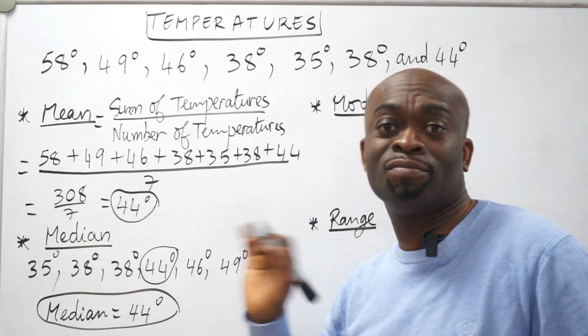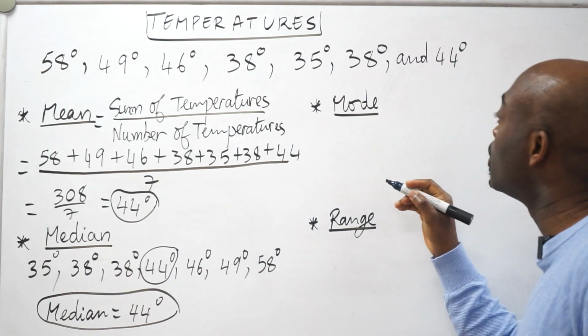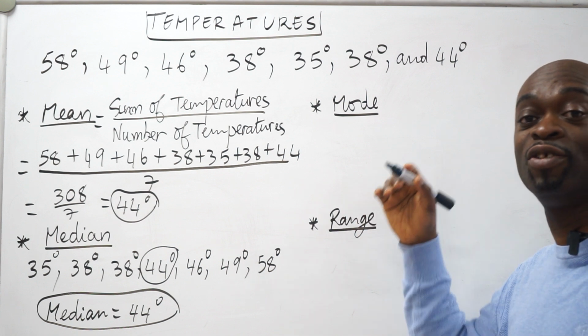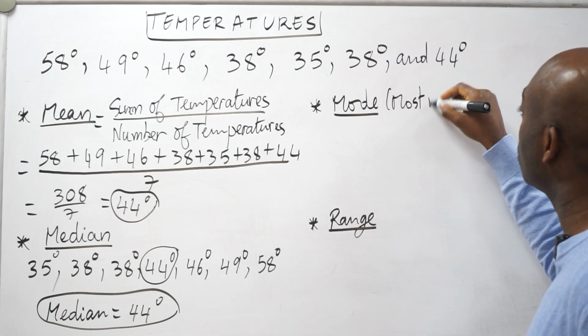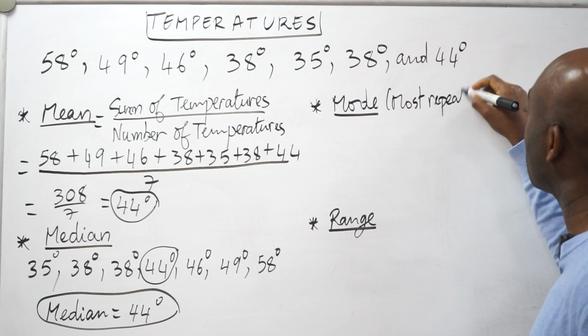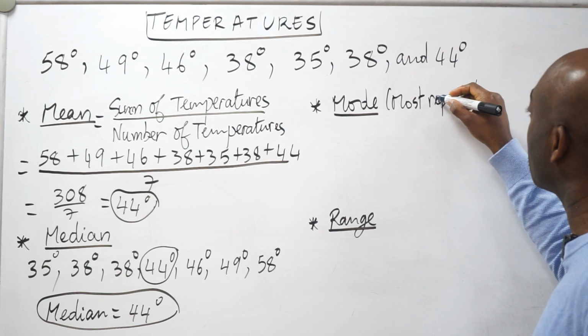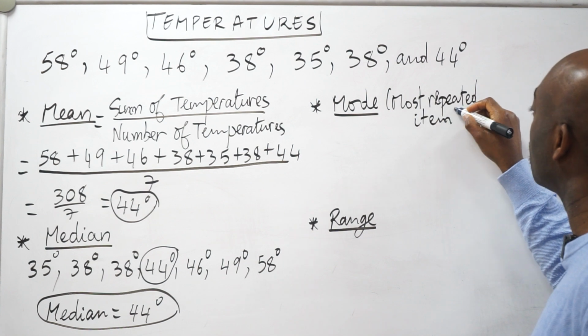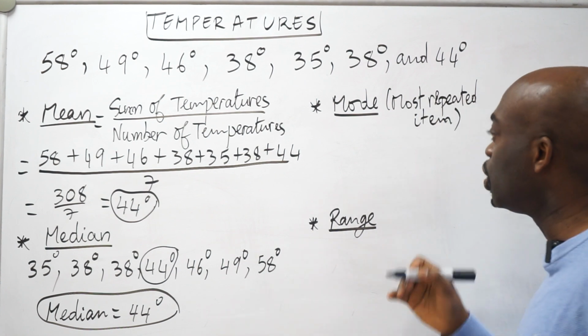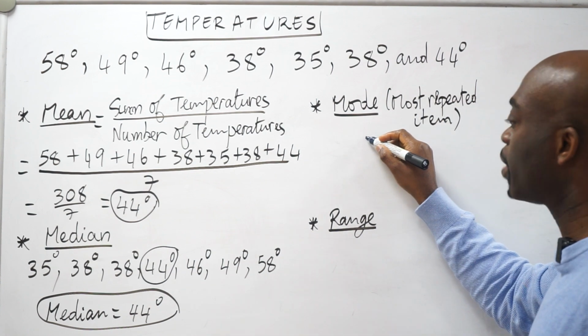It's 38. Bingo, we're done. That's the most repeated number, or the most repeated item, just to make it general. So the mode would be 38 degrees.